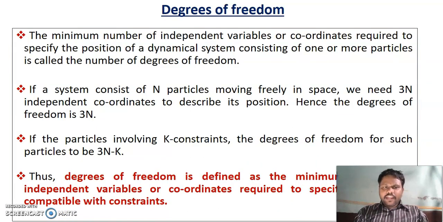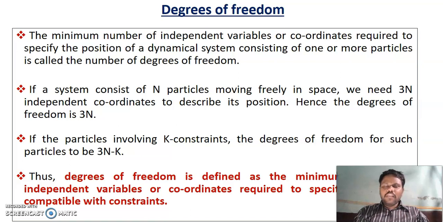A body in a state of rest or motion is described by variables. For example, a body moving in a straight line is described by either x, y, or z coordinates. If a particle moves in a plane, we need two coordinates, namely x and y, or y and z, or z and x.